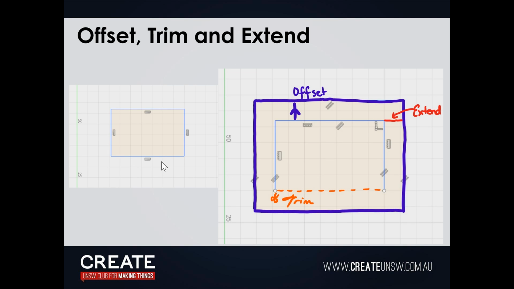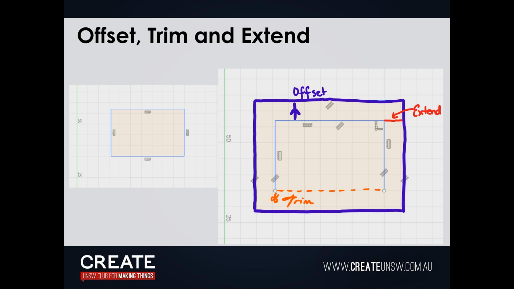Offset, trim, and extend. So let's go into offsetting. Offsetting is essentially creating a copy of it in a smaller form. If we have a rectangle, for example, if I wanted to make a box, we'll make a rectangle right here.